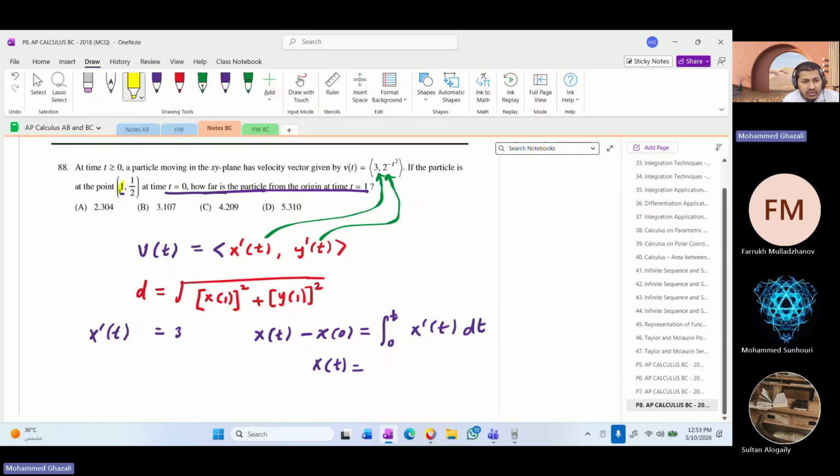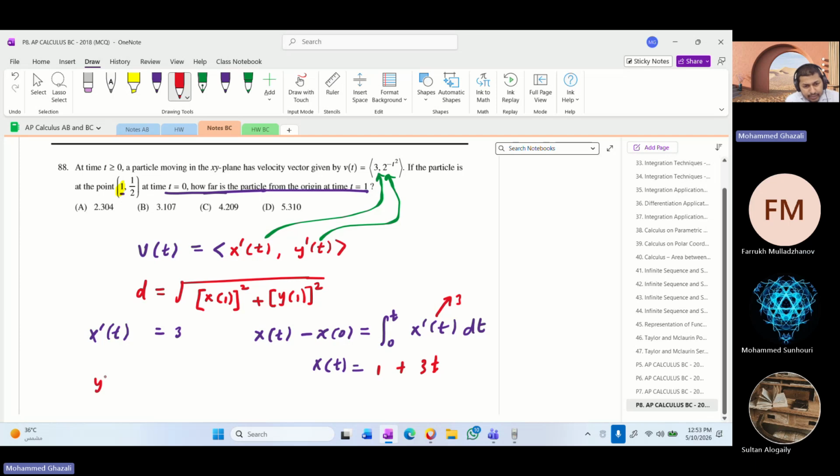Yes, it's here. So you move x of 0 to the other side: it's 1 plus, what's x prime of t? x prime of t is 3. So it becomes 3t evaluated from 0 to t. That's it. Done. Makes sense.